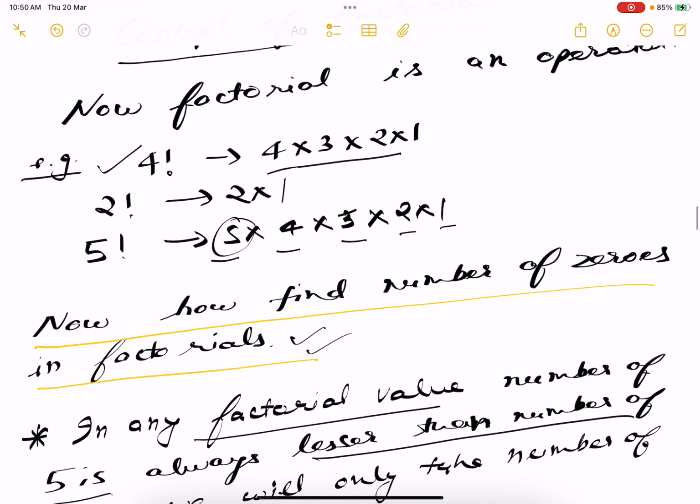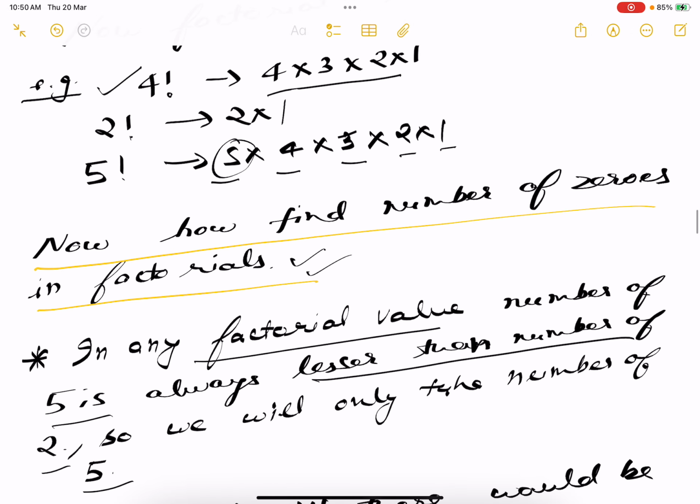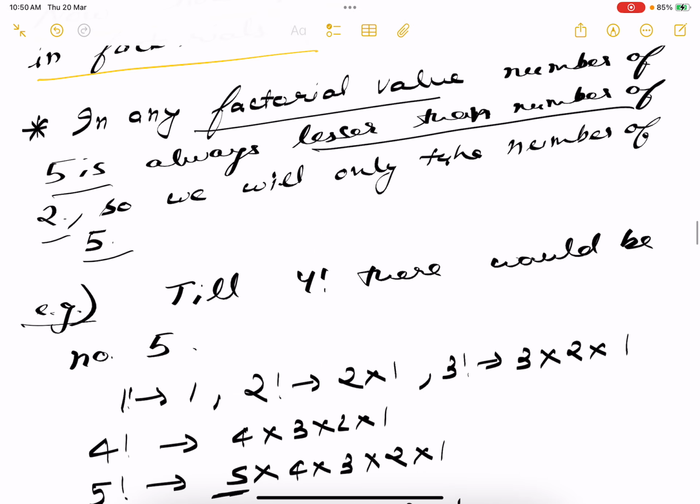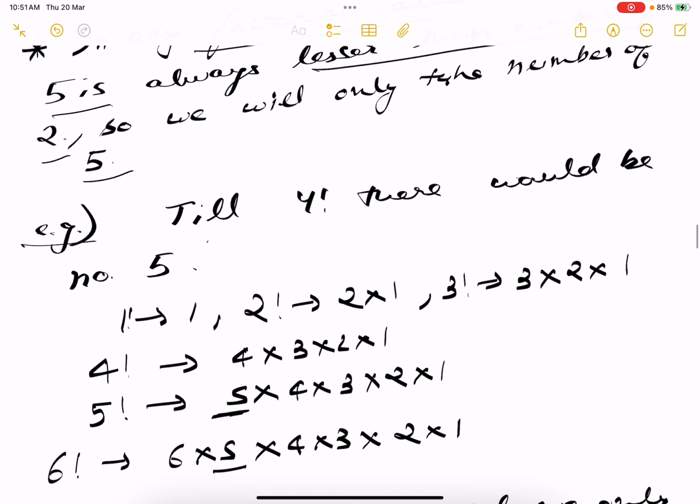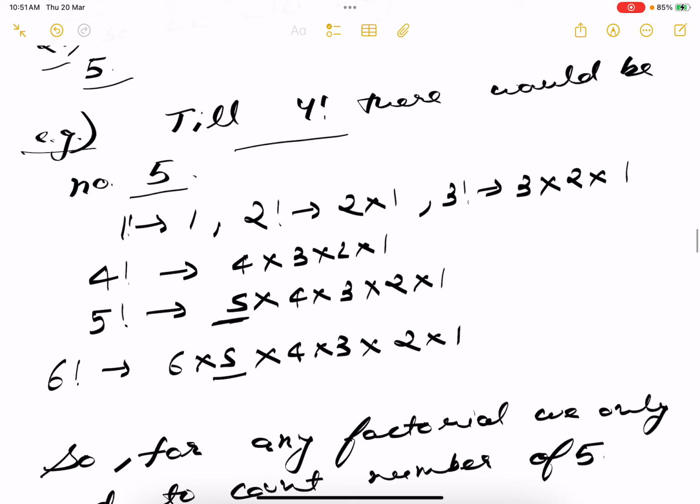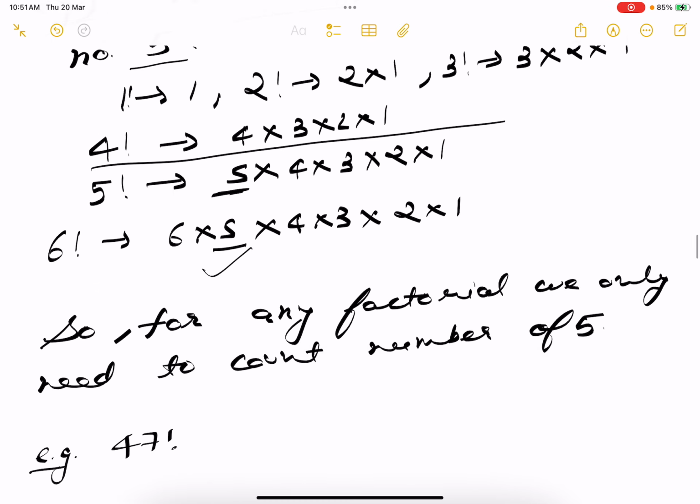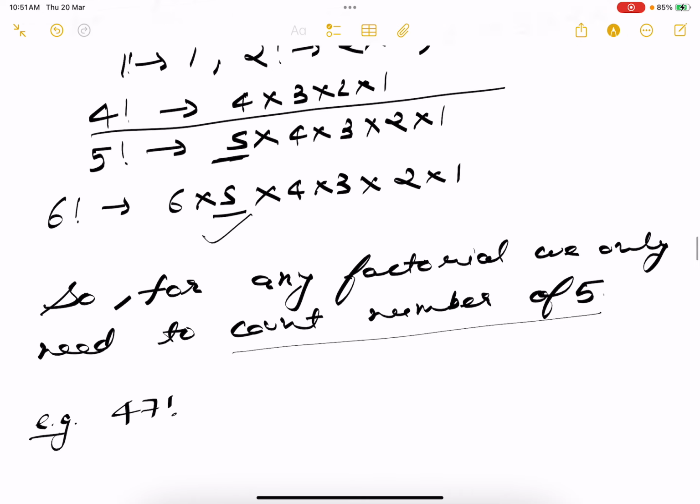Till 4 factorial there would be no 5. 1 factorial is 1, 2 factorial is 2, 3 factorial is 6. So till 4 factorial there is no 5, and after that 5 starts to come up. So the number of 5's in any factorial would be the number of zeros in that factorial. So for any factorial we only need to count the number of 5's.